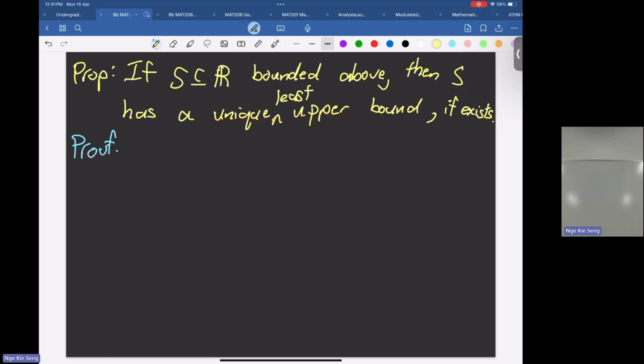How to prove this uniqueness? The uniqueness trick: suppose there are two least upper bounds, and then we want to prove that they are equal.